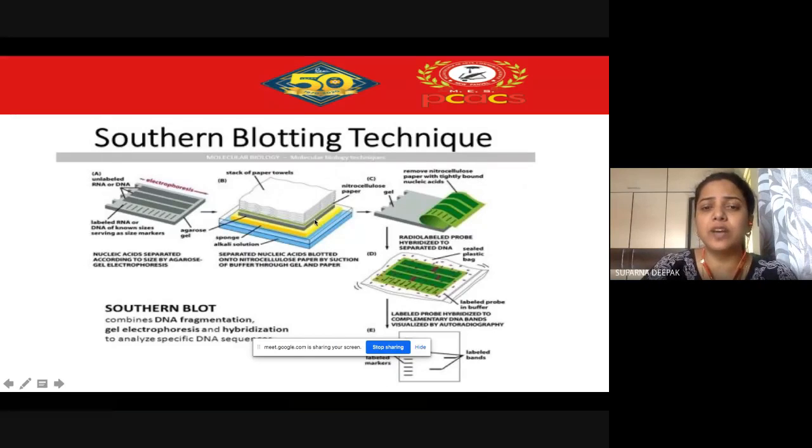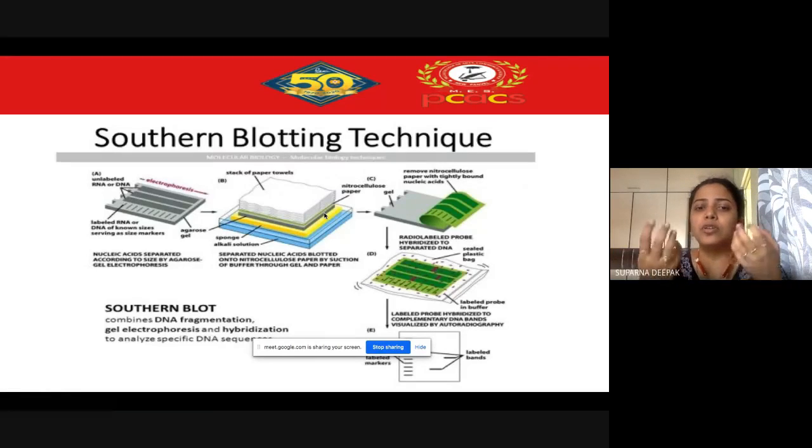And as it moves upwards, what is present is your nitrocellulose membrane. Now the nitrocellulose membrane is going to have very, very small pores. Okay. So even if the water molecules are pushing it further up, the DNA cannot come out of this nitrocellulose membrane, whereas the water molecules can. So just imagine the gel has bigger pores below and the membrane has smaller pores above.